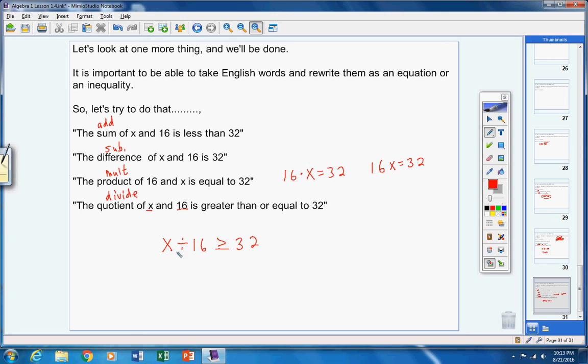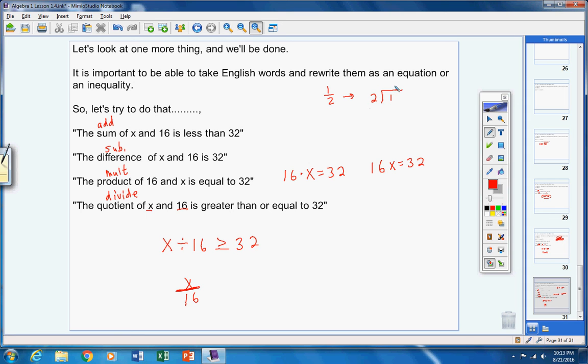You need to get used to that, okay? We're in algebra now. Well, we don't put x divided by 16. That's not how we do it in algebra. We use fraction bars. Remember, x divided by 16 can be written like this also. A fraction bar means divide. 1/2 is 1/2. But 1/2 also means 1 divided by 2. That's what 1/2 means.